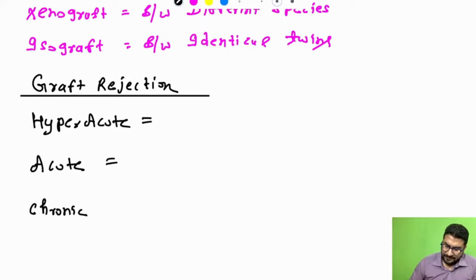Hyperacute means suppose अभी आपने transplant किया, just today you did the transplant, maybe within 24 hours it gets rejected. It means rejection which occurs immediately, or within 24 hours.